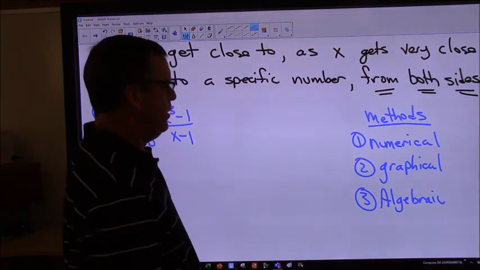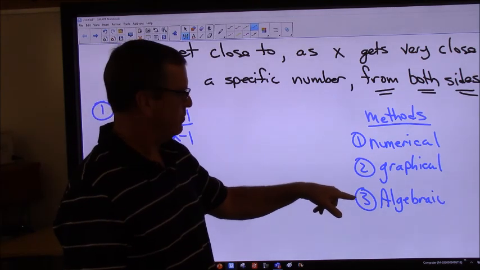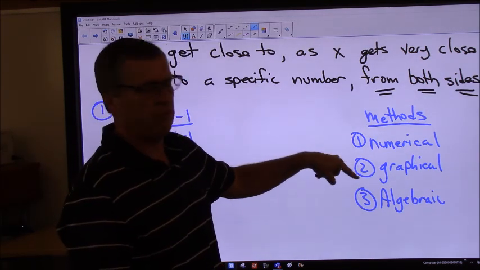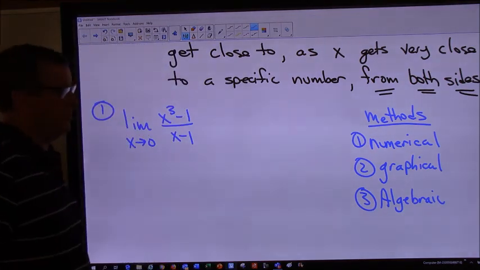And the one that we really want to work towards is the algebraic method. Okay? These others take too long. We're going to start with these today, but eventually our goal is to be able to do this algebraically.